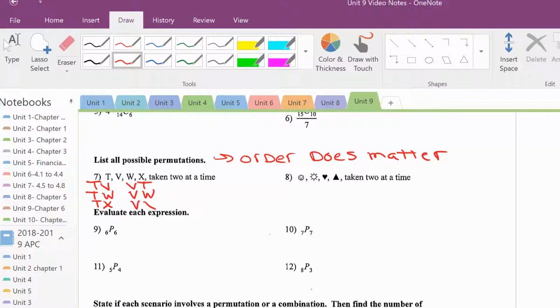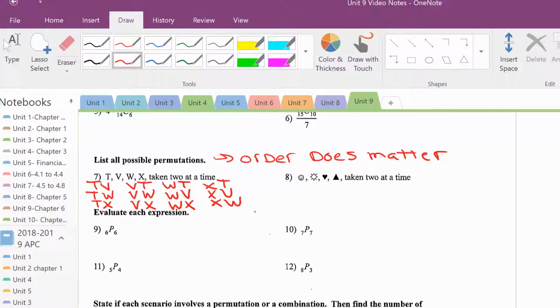VW, VX, then WT, WV, WX, then XT, XV, XW. So the order matters. So notice there are 12 different ways to do this when the order does matter.